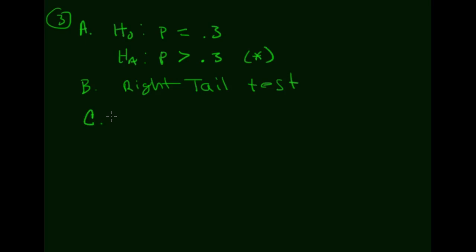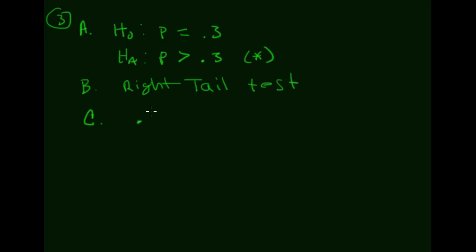Part C, we have more information here. Gene records the cafeteria's offerings for the next 50 school days and finds that the actual proportion of days that the cafeteria serves squash must be between 68.9 and 91.9%.